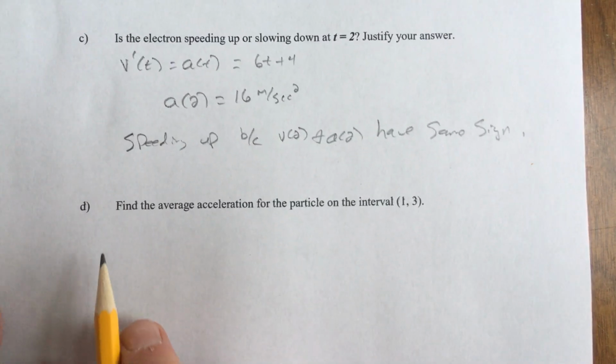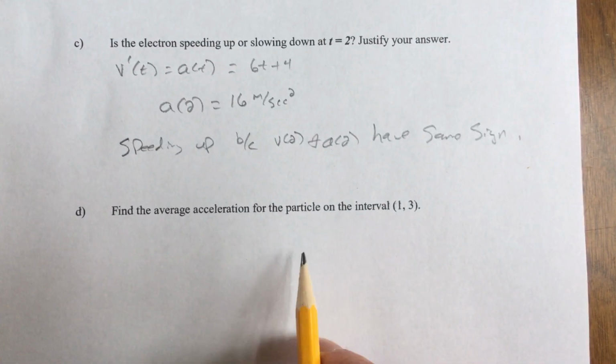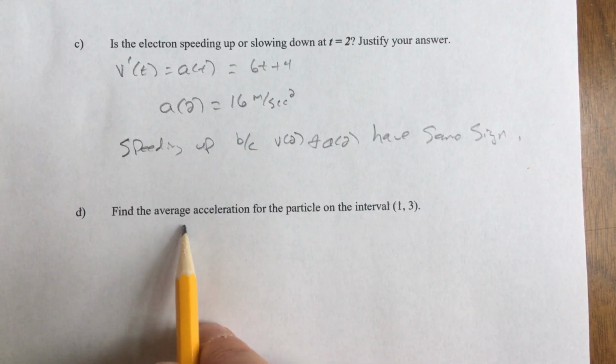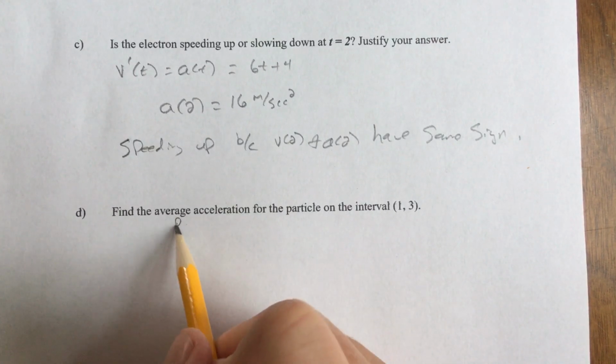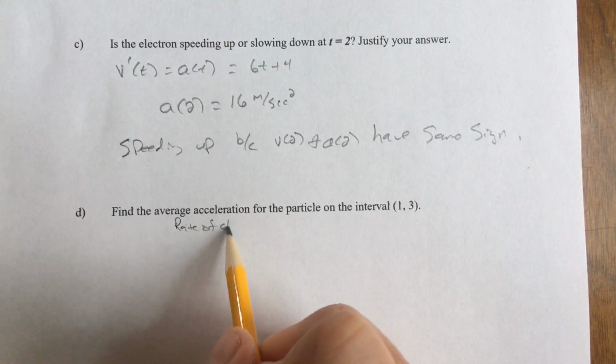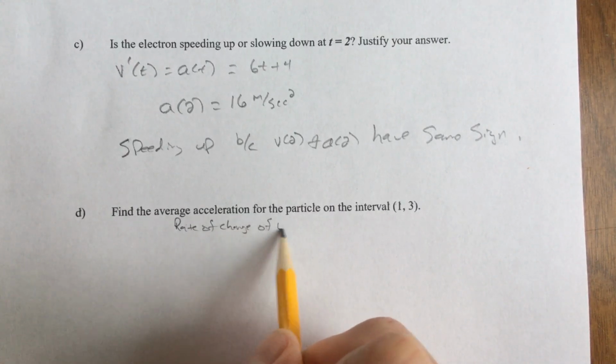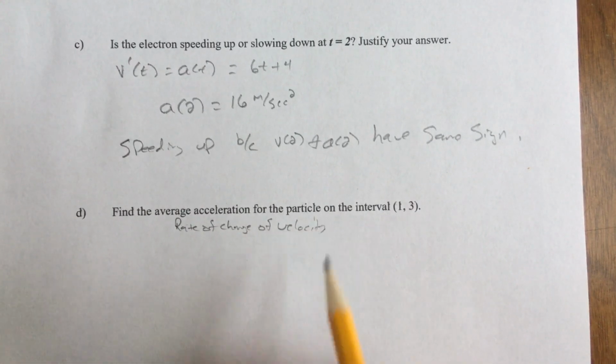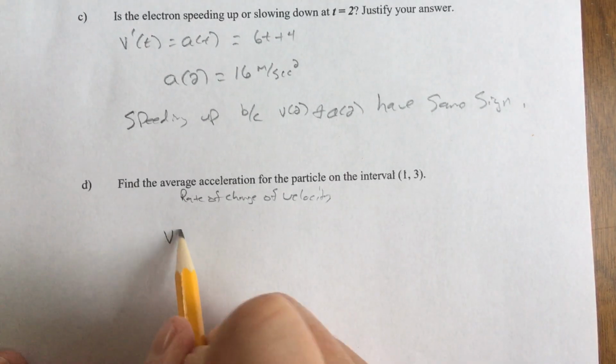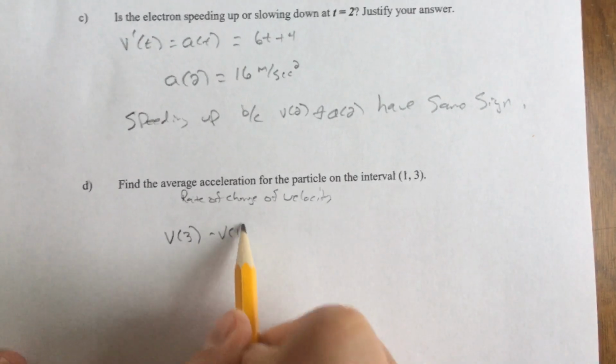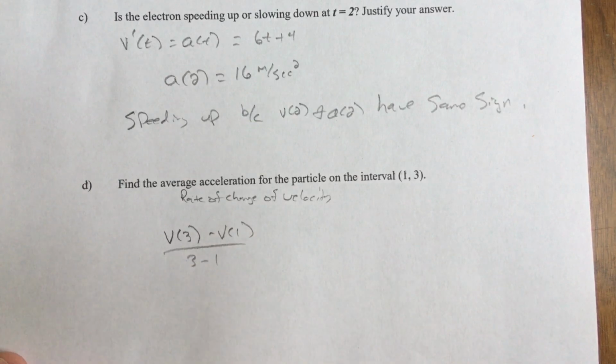So then D says, can we find the average acceleration from 1 to 3? So average acceleration is the same as the average rate of change of velocity. So this is similar to part A. What we'd want to do is go velocity at 3 minus velocity at 1 over 3 minus 1.